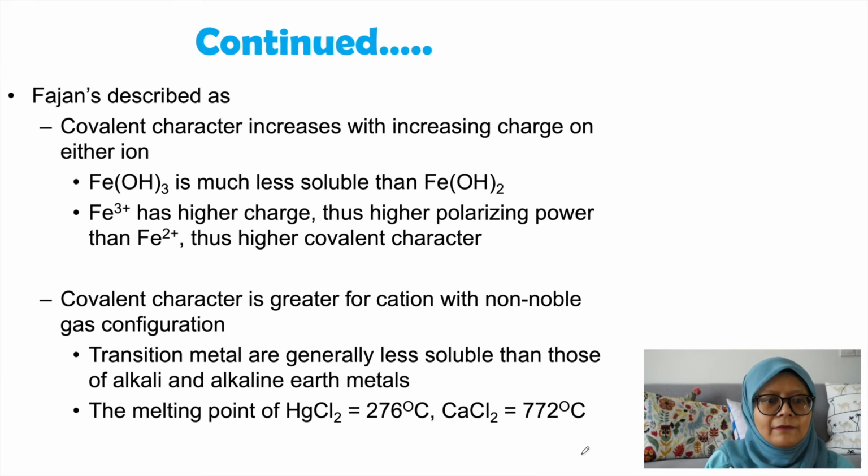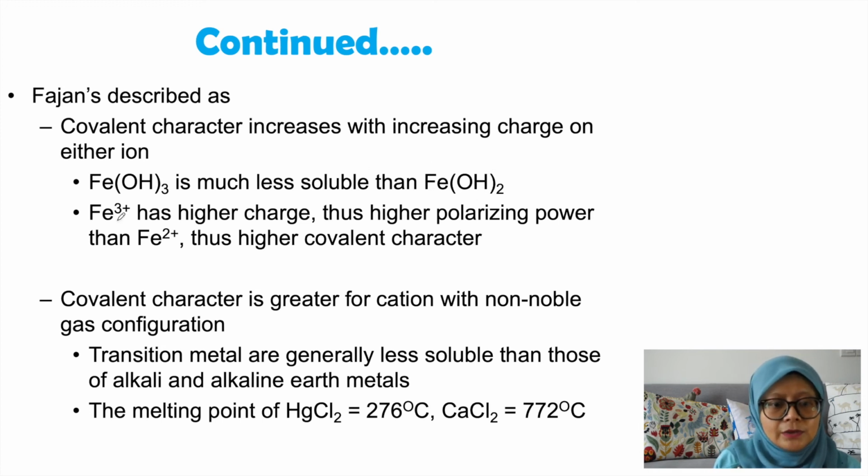And then Fajan also described that covalent character increases with increasing charge on either ion. So we need a higher charge of cation and also a higher charge of anion, so they will give us a smaller size of cation and a bigger size of anion. For example, we have iron 3 hydroxide and iron 2 hydroxide.